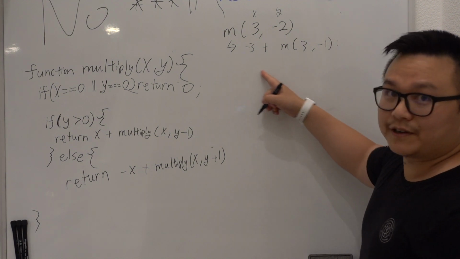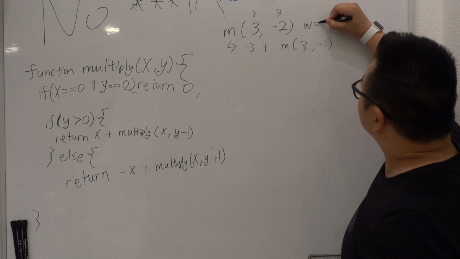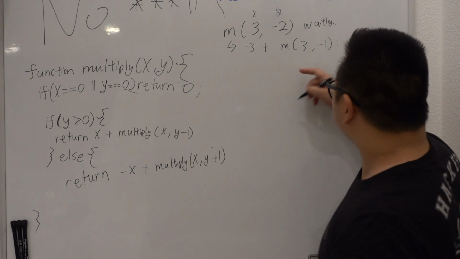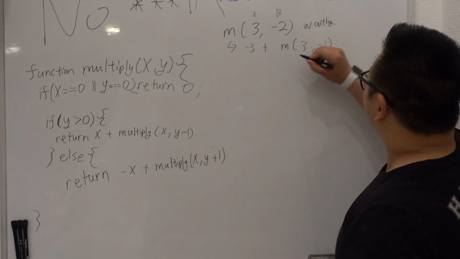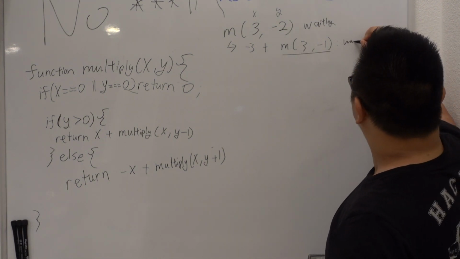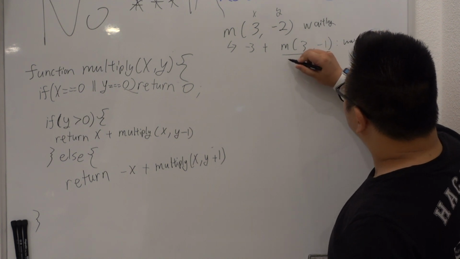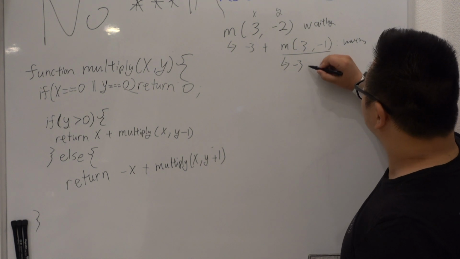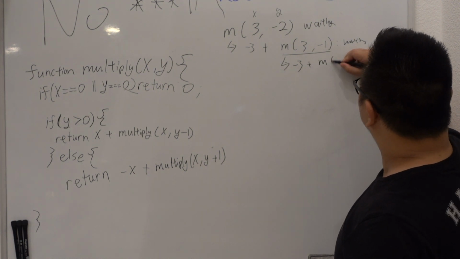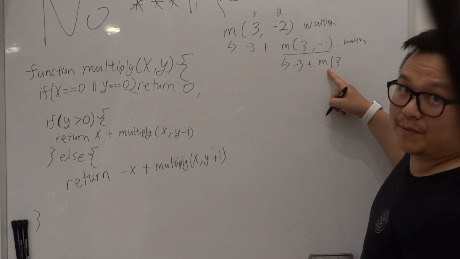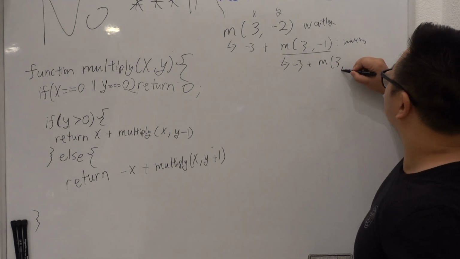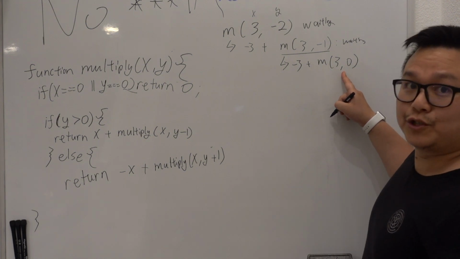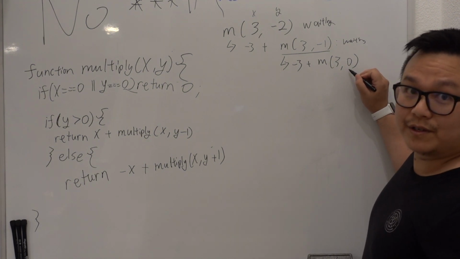Okay? Then we return this, and this function is waiting. Now on the second level, on the second recursive call, this function is waiting. And this return is negative 3, alright, plus multiply 3 and 0. And this evaluates to 0 because one of the numbers is 0, right?